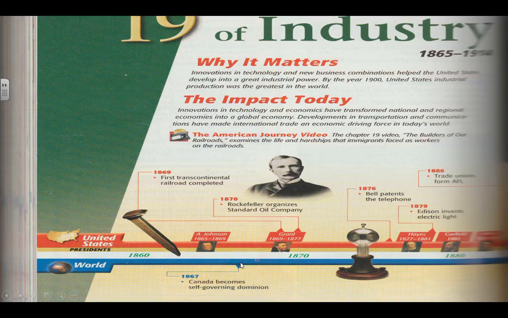So we will very quickly try to introduce Chapter 19, which is the growth of industry. We'll see a couple of innovations in history in this chapter, and within a generation, we'll see people who were potentially born near the turn of the century.